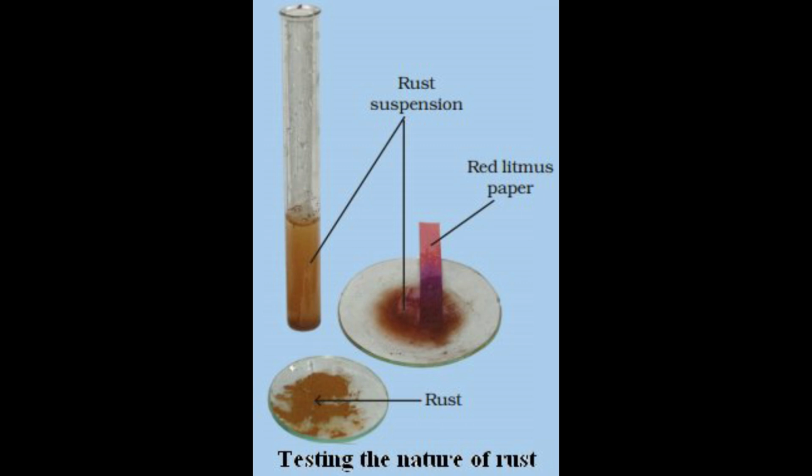Here children, you have to understand that red litmus turns blue when tested with bases. Blue litmus turns red when tested with acids. If the solution is neutral, it does not change the color of litmus. So you can observe this.